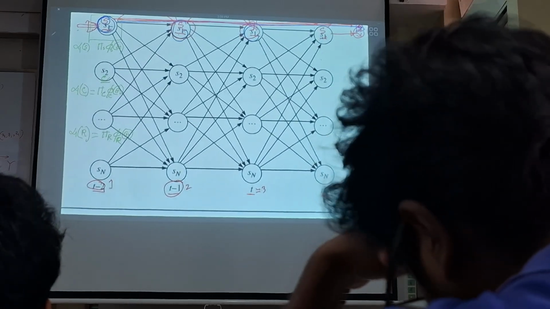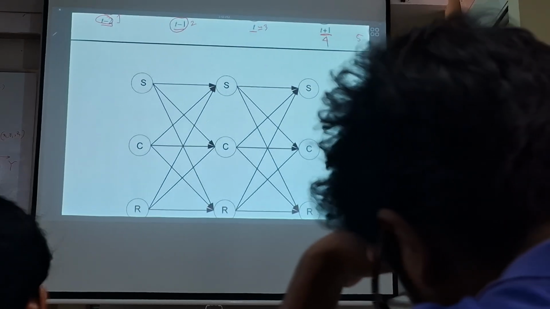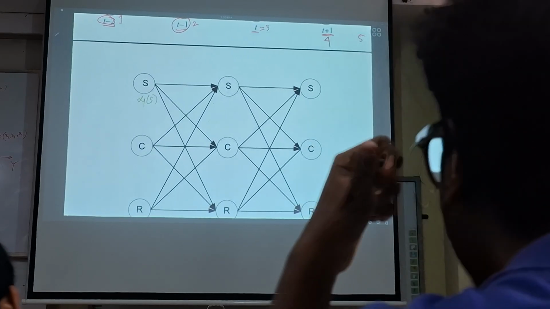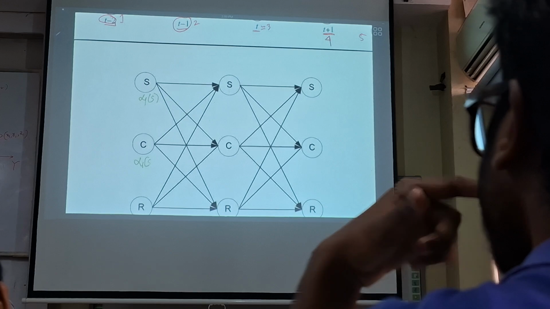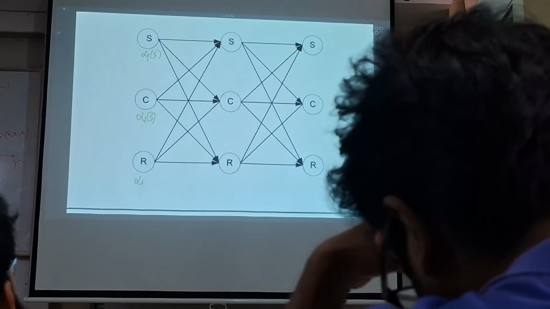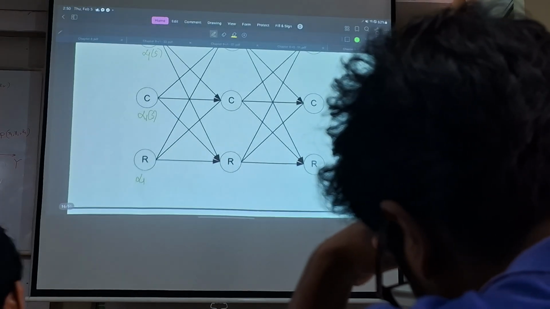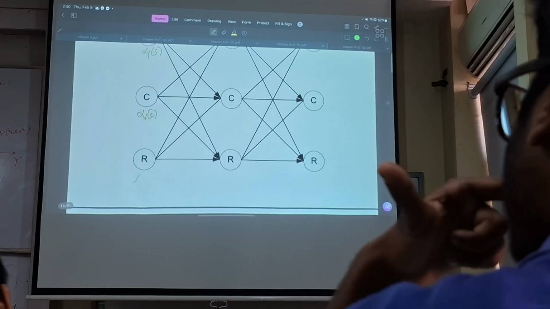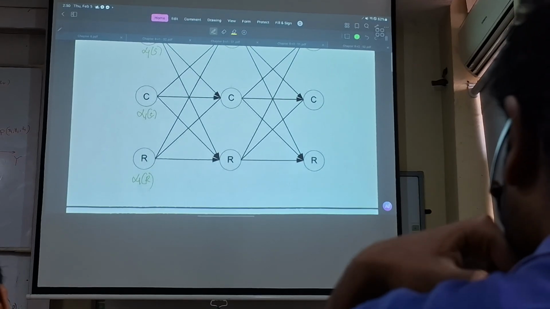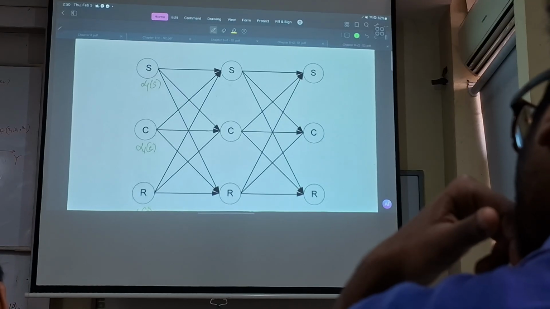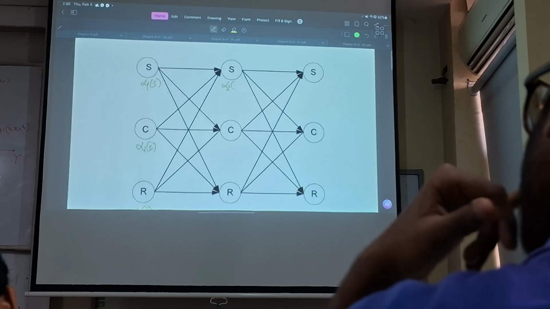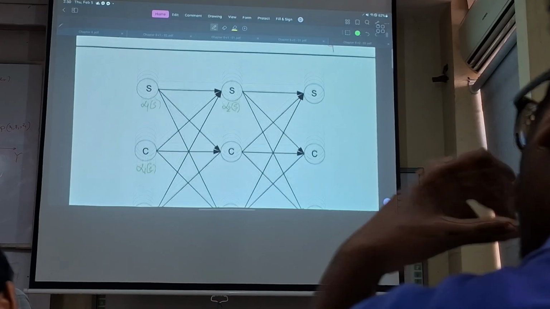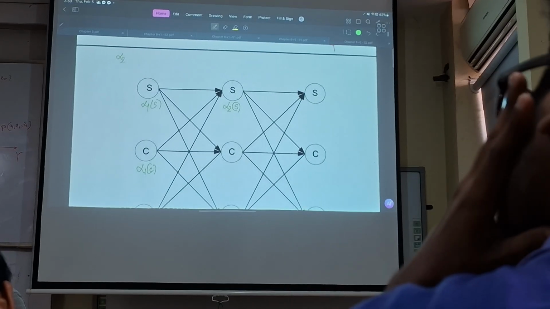Once you understand this, now yes. So we have alpha 1 S here, and alpha 1 C is here, and alpha 1 R is here. Now, if we want to write alpha 2 S here, the question is, what should alpha 2 S be?